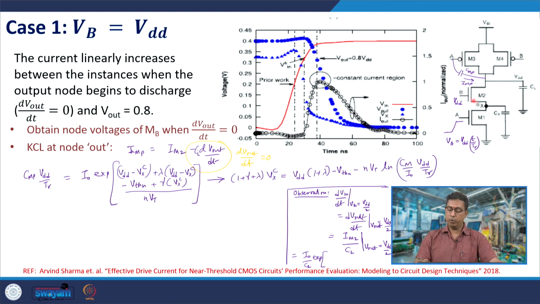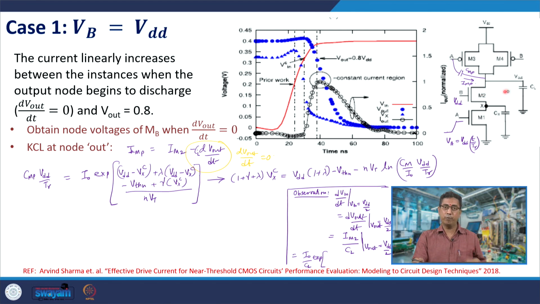So VGS of M2 is slowly rising, Vx is falling very slowly, and therefore Vout is falling rapidly. With VGS of M2 slowly rising and VDS of M2 rapidly falling, the current through M2 is almost constant.